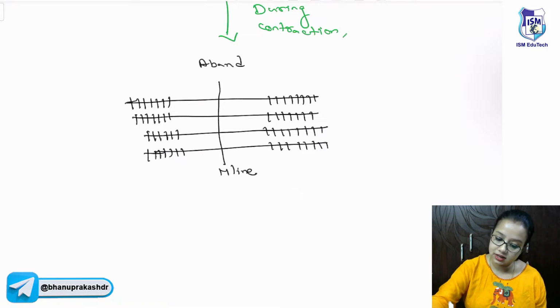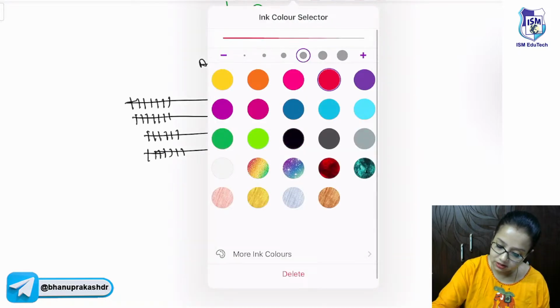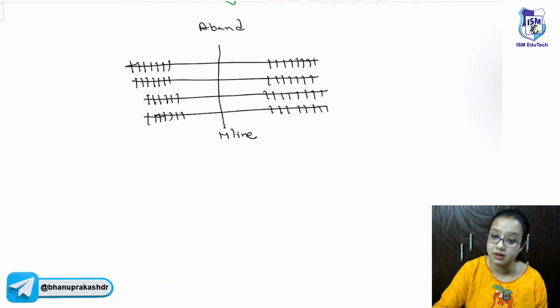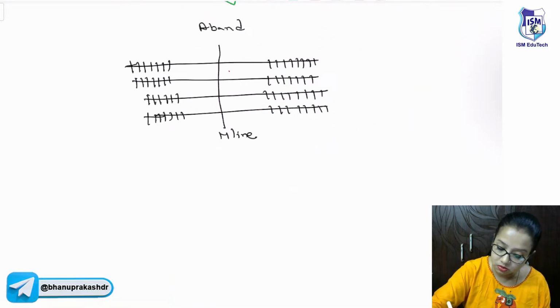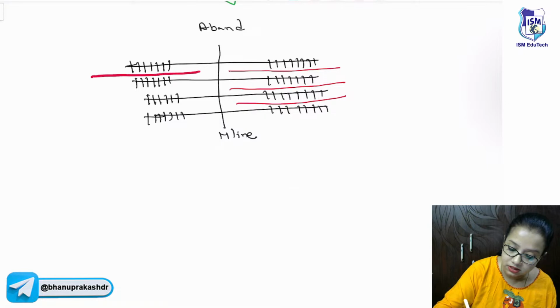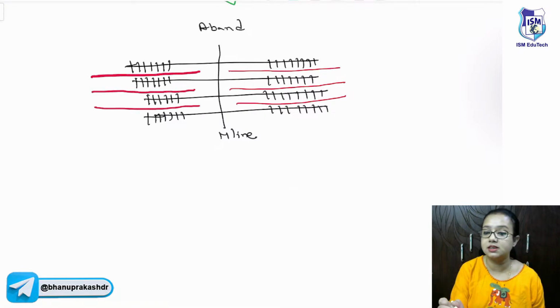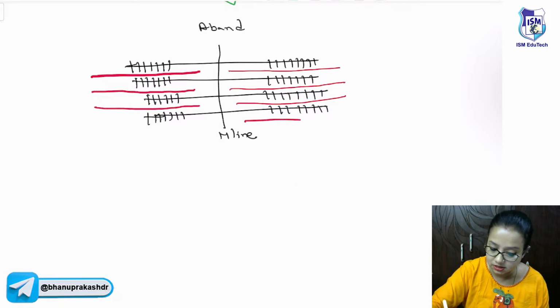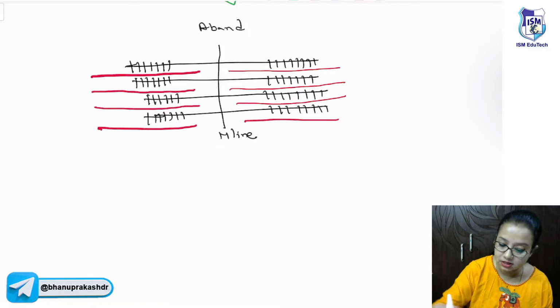Now, during contraction, what happens? The actin filament moves very close to the myosin, and they also have physical contact with the myosin. The mechanism we will study in the excitation contraction coupling. That's where we will study the mechanism. So for now, see the structural change in the sarcomere.